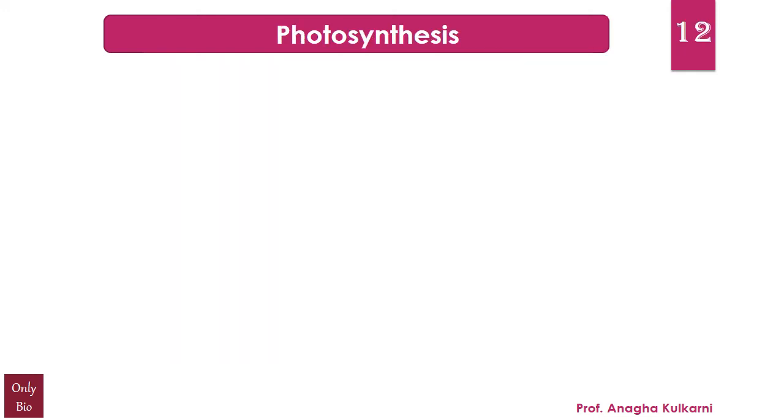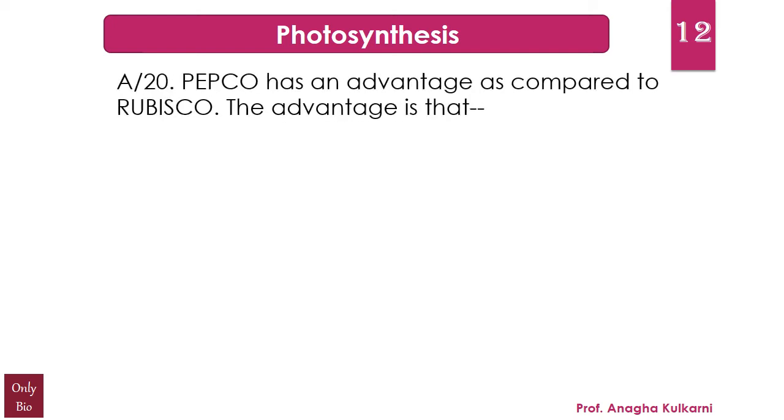The next question relates with the chapter photosynthesis, and the question is PEPCO. PEPCO, I hope you can recollect, is nothing but phosphoenol pyruvate carboxylase, at times called as PEP carboxylase, PEPCase or PEPC, right, has an advantage as compared to Rubisco.